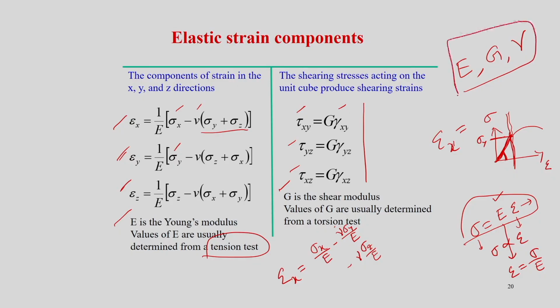Young's modulus, shear modulus and Poisson's ratio are material properties, so for different materials the values can be different. They are well established properties of a particular material, derived from testing, from experiments.